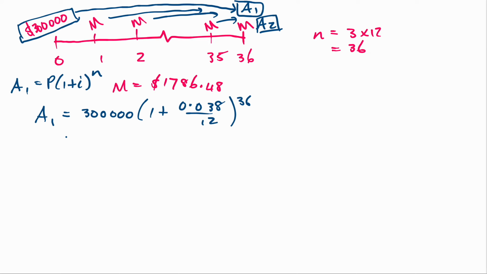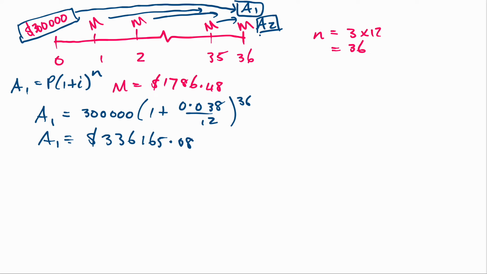Now, if we calculate that, we get A1 is equal to $336,165.08.